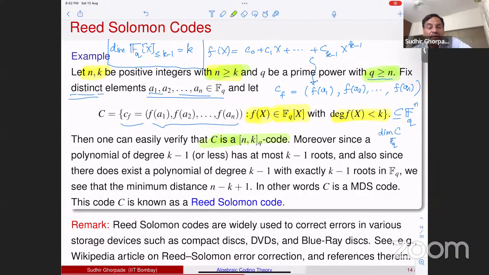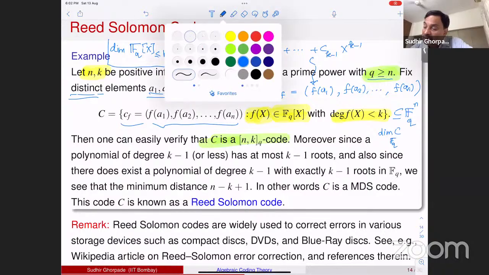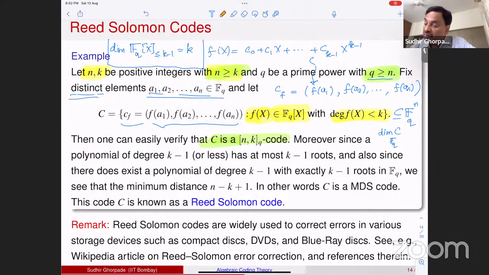Okay. Now let us try to understand what would be the minimum distance of this code. Maybe I use a different color. The minimum distance of this code, d(C), would be the minimum of the Hamming weight of C(f), where I vary f, let's say degree of f is less than k and f not equal to 0.